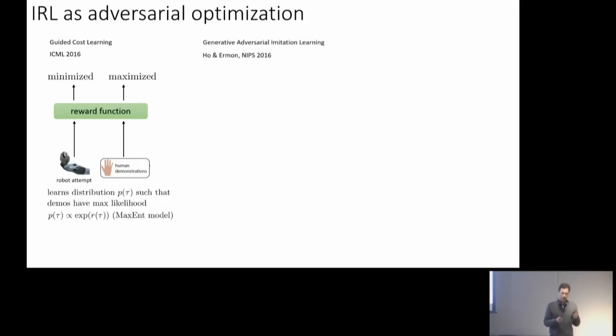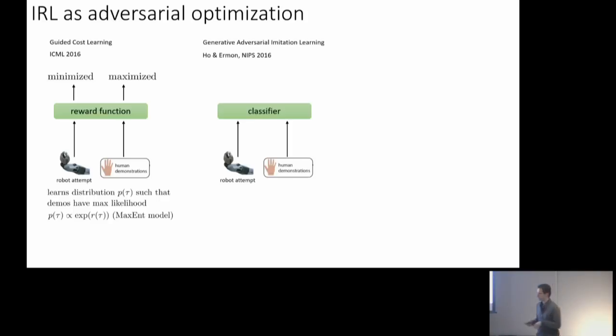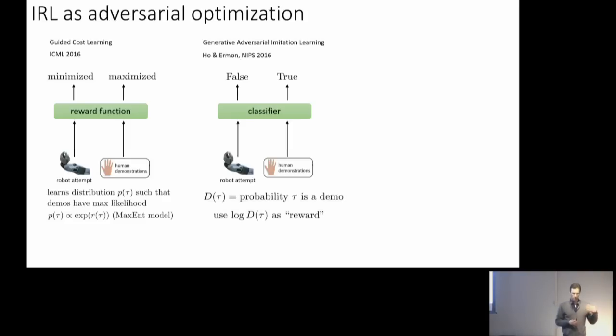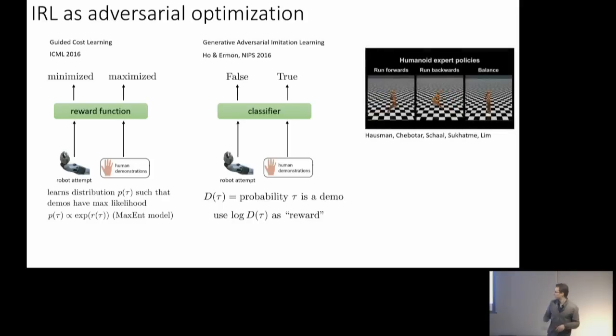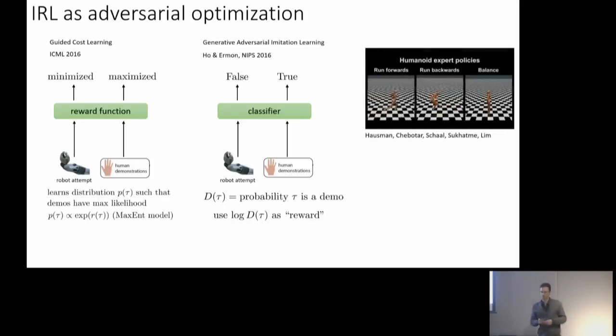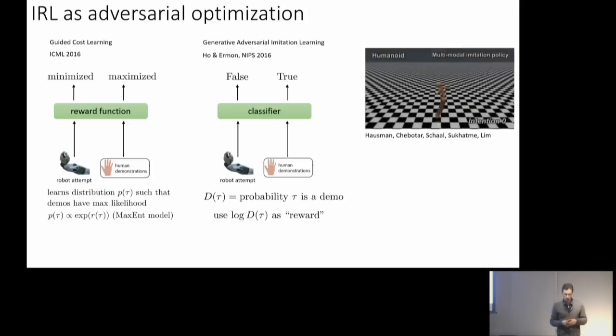In generative adversarial imitation learning, there is no reward, there's just a classifier, and the classifier tries to predict true for the human demonstrations and false for the policy attempts. So the discriminator gives you the probability that tau is a demo, and you use log D as your reward function. And I should mention that both approaches have been used to achieve some really interesting results.